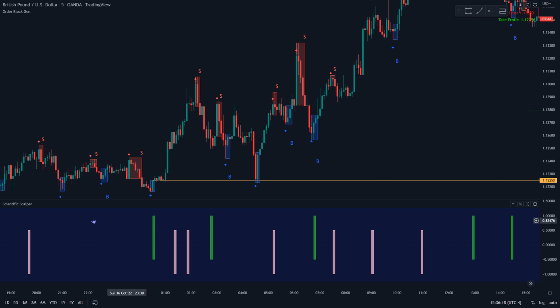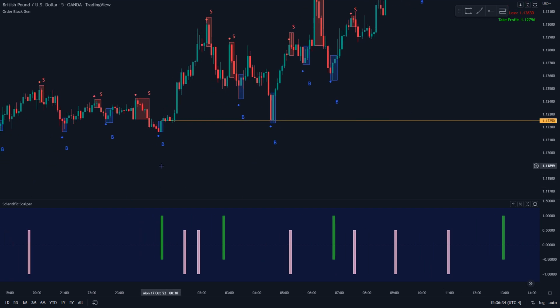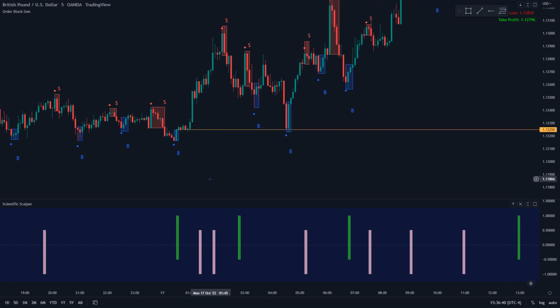So this is the Scientific Scalper, and I know I talked a lot about the order block gen in this one too, but I wanted to add that as a great confirmation. It's super clean. It does not clutter up your chart, this strategy. It's a perfect 3-part confirmation that you can use for day trading and even just swing trading on higher time frames as well.